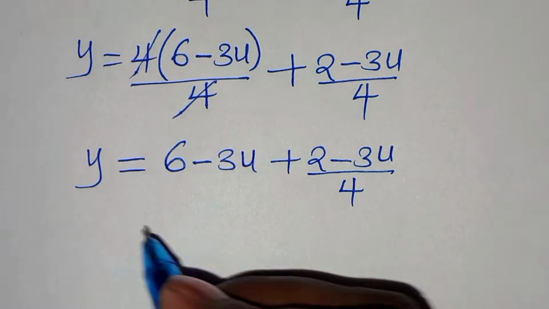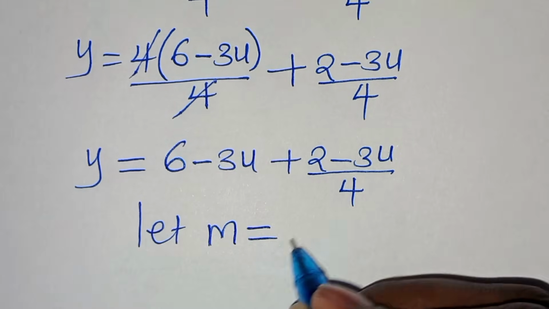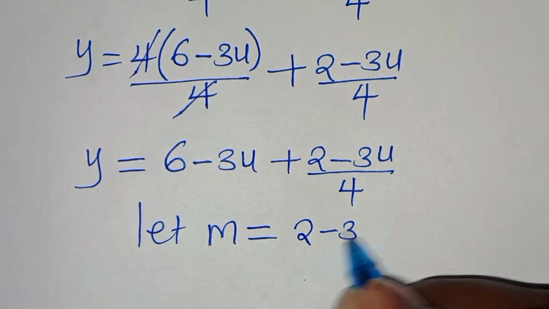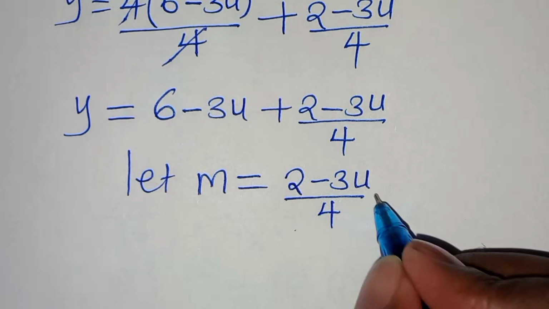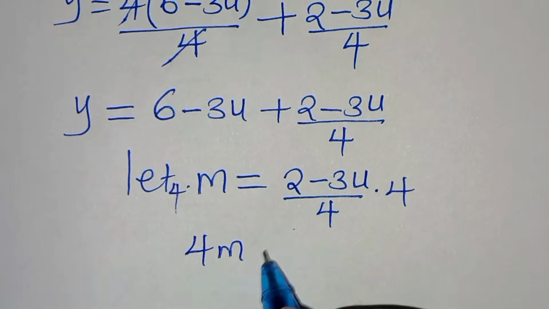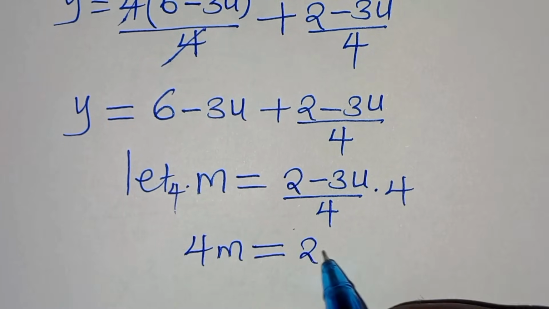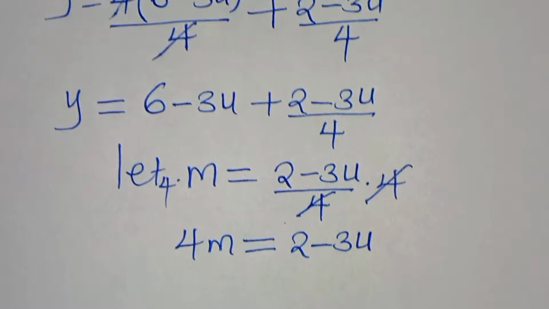So the next step, we can let m be equal to, now this is 2 minus 3u divided by 4. So let's multiply both sides by 4 from here. So we have 4m, this is equal to 2 minus 3u. 4 and 4 simplifies.